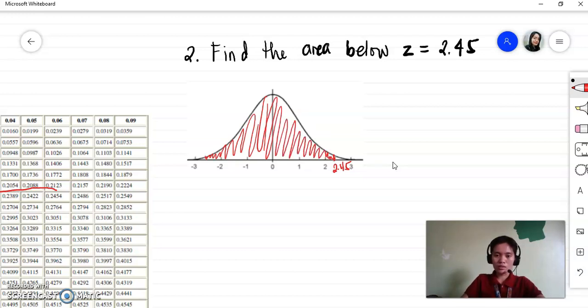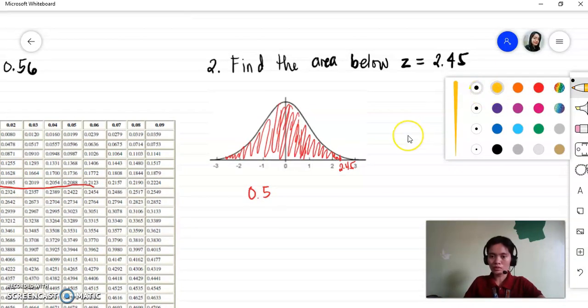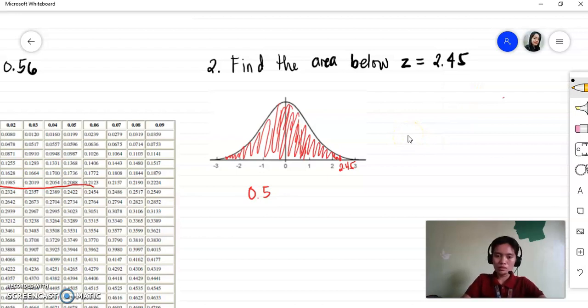You can see that it's greater than 50%, so we're going to add 0.5, using the yellow one, this is the 50%, and this area from 0 to 2.45.